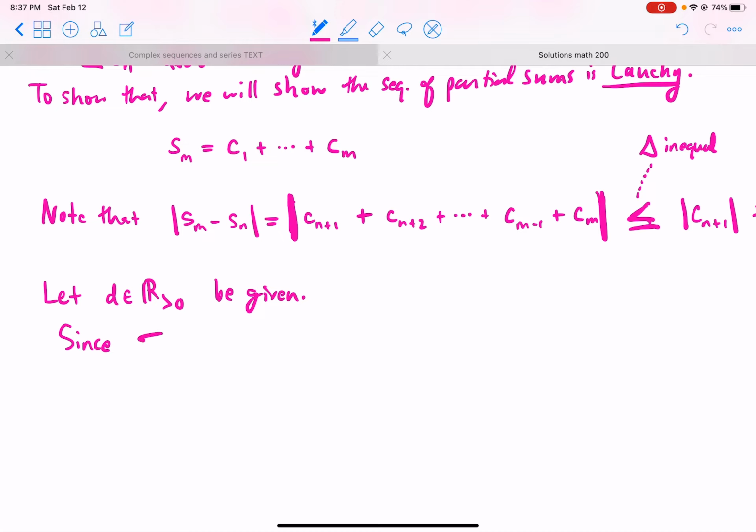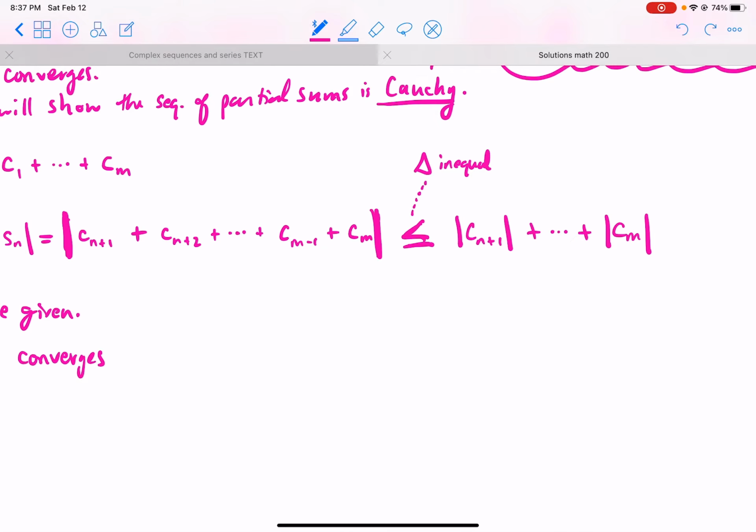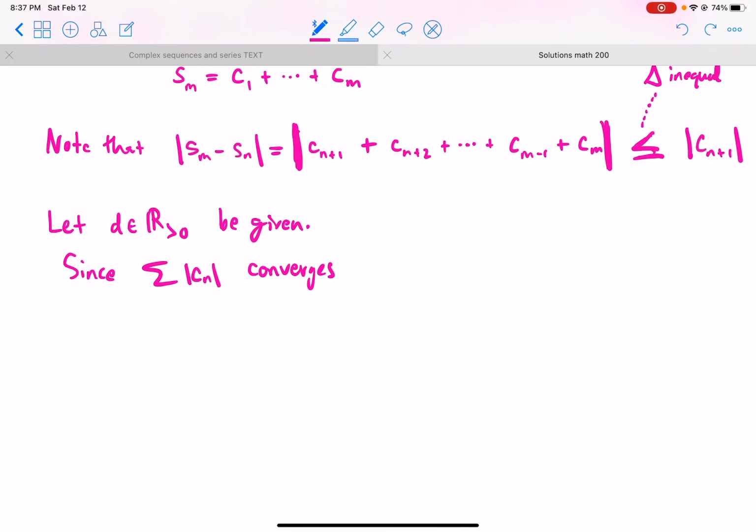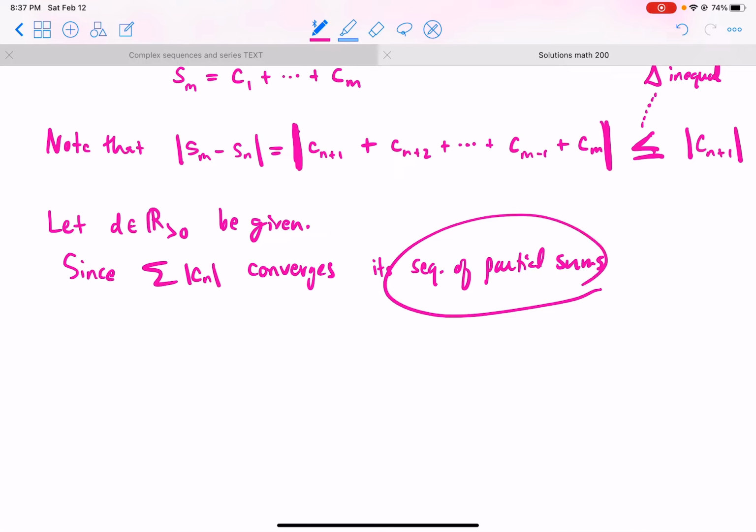Since the sum of absolute values converges, its sequence of partial sums converges, and hence, since any convergent sequence is also Cauchy, as we proved before, its sequence of partial sums is Cauchy.